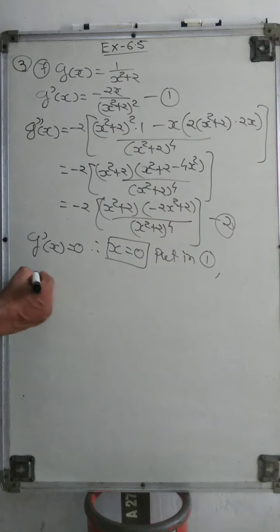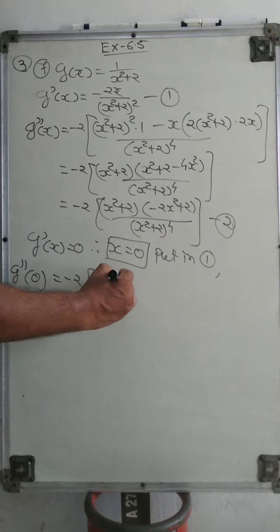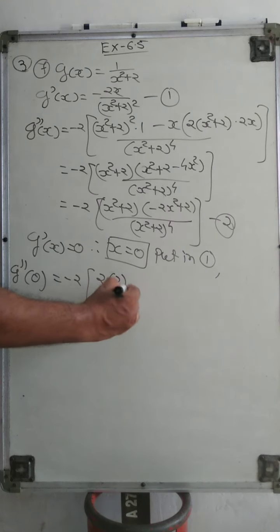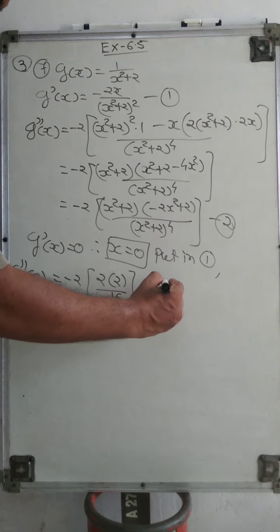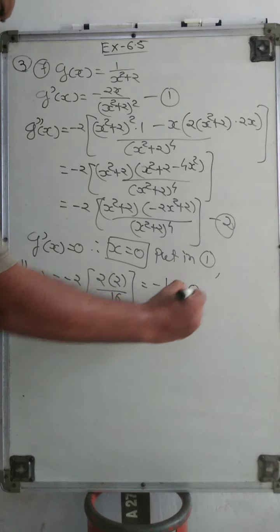we get g double dash 0 is equal to minus 2, here 2 into 2 upon 16. So it is minus 8 by 16 or 1 by 2, which is less than 0.